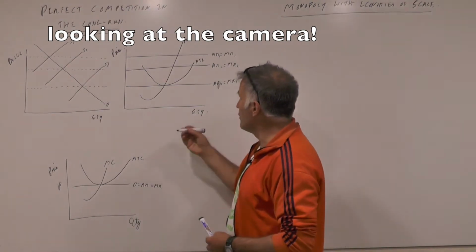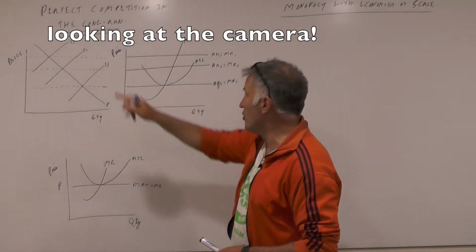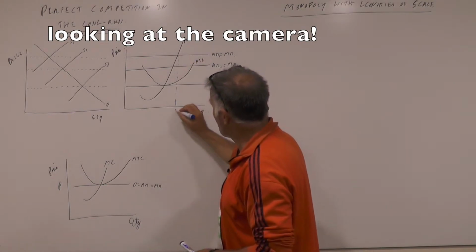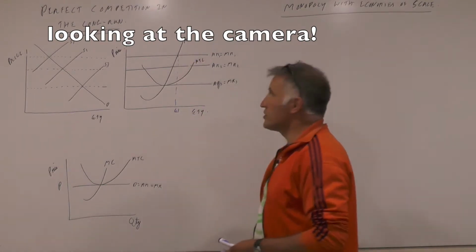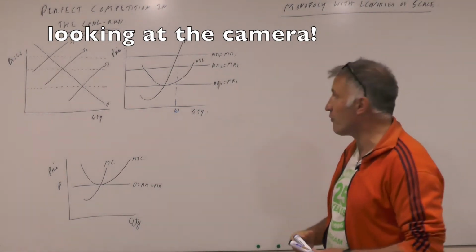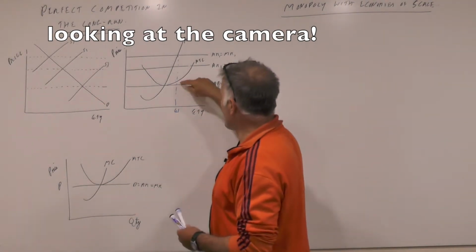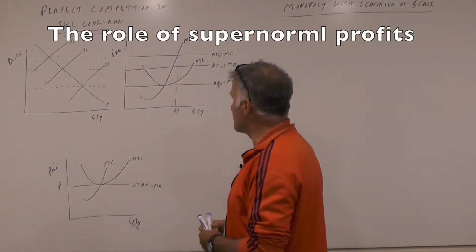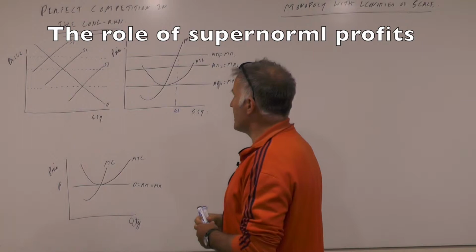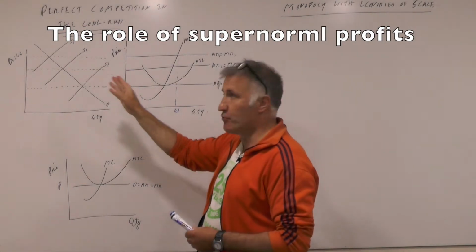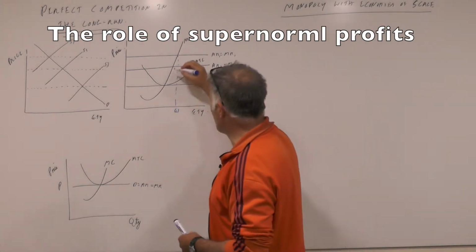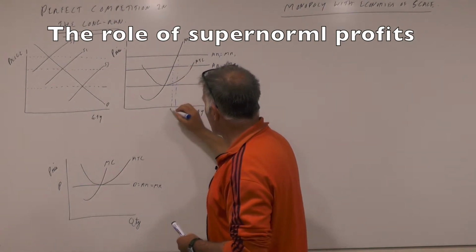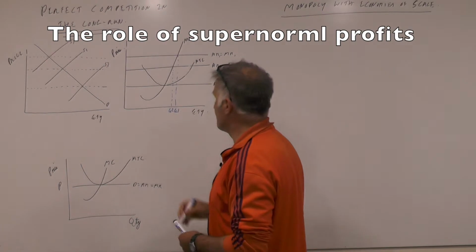So we start with the first case with supply and demand up there, and we end up in this situation here, and if we call that Q1. Now at this point here, we're clearly making supernormal profits. So that's the average cost of making each good, that's the price we sell them at, so we're making supernormal profits. So therefore what happens then is the supply line may move to the right, and once the supply line moves to the right, we move to there, which is Q2.